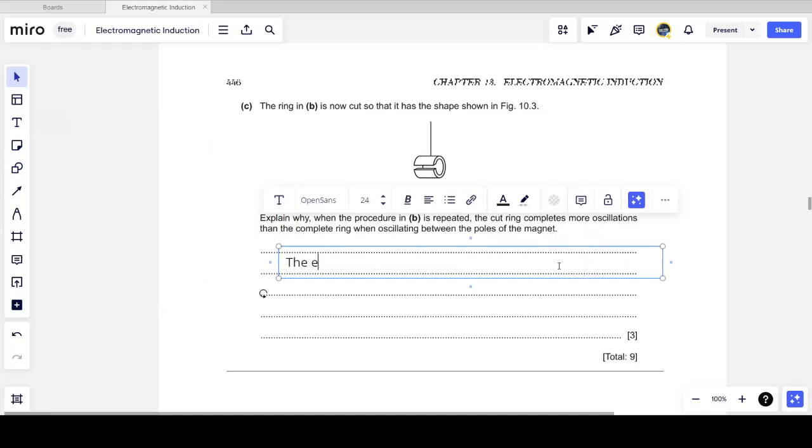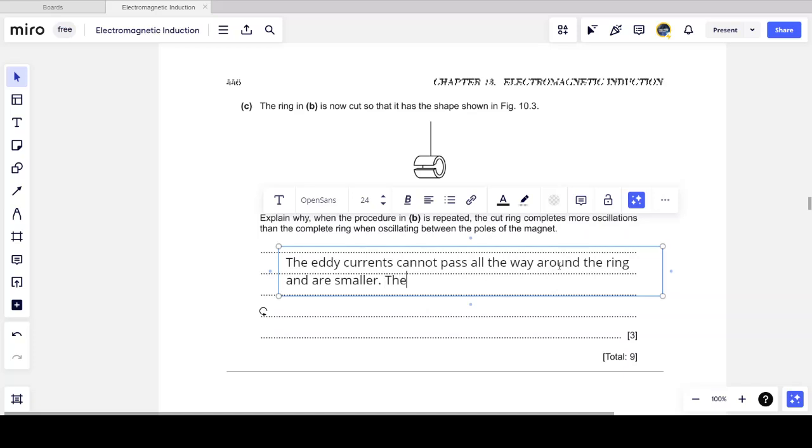Now, we still have eddy currents produced in this ring, but what can we see about the eddy currents? Well, the eddy currents cannot pass all the way around the ring because the ring is cut. And so we have less eddy current around the ring, and so they are smaller. So the eddy currents in totality are smaller, which means that the magnetic field created around the ring is smaller, which means that the resistive force, the thing that's going to generate the damping, is now smaller.